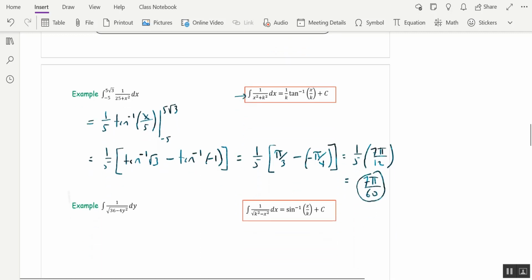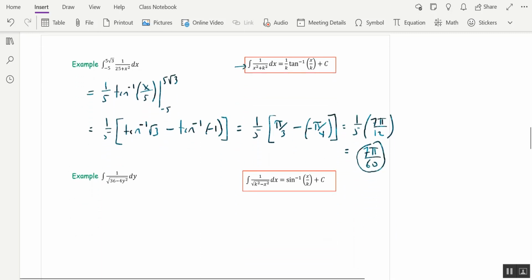Okay, the next two require a little bit of massage. This problem here looks closest to a sine inverse from my Bible, but the problem is I have a 2y squared, not just a y squared. So this requires a u sub. I'm going to let u equal 2y, and you'll see why in a second. du is 2 dy. Well, I don't have 2 dy, I have 1 dy.